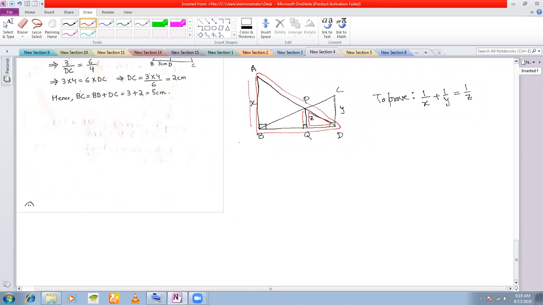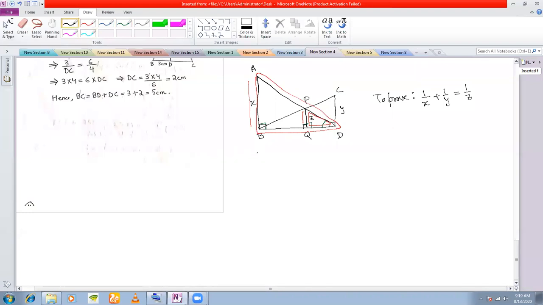I'm not writing the proof of similarity, but you will have to write the proof of similarity. I'm simply marking the angles that are equal. This is the common angle, and these two right angles are there. Okay, so let us now write the proportional sides.